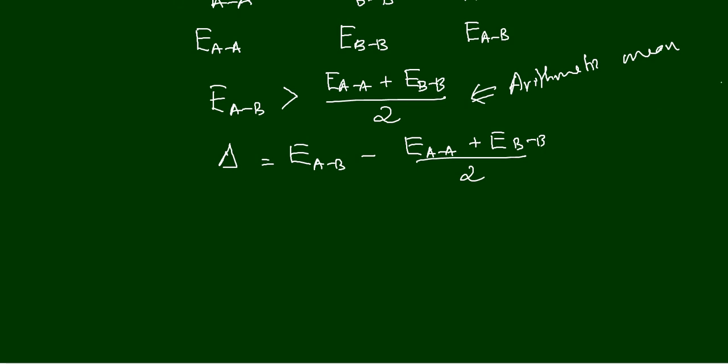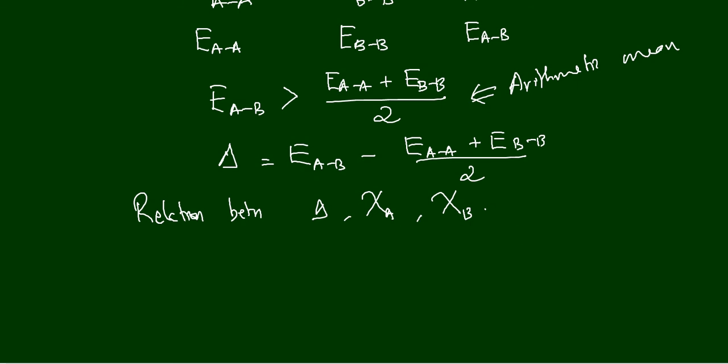And Pauling put forward a relation between delta, which is already defined, and the electronegativity of A, let us call this chi A, and the electronegativity of B. Okay, there is a relation between these three, because A and B are the elements involved here.